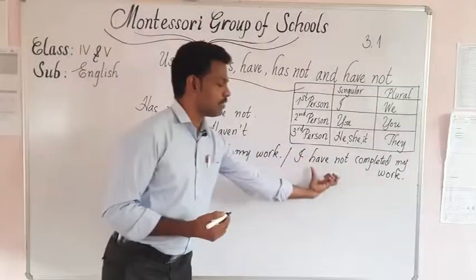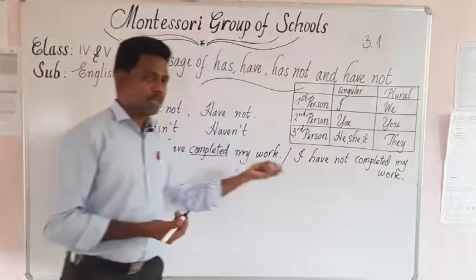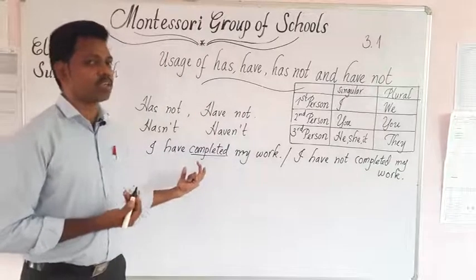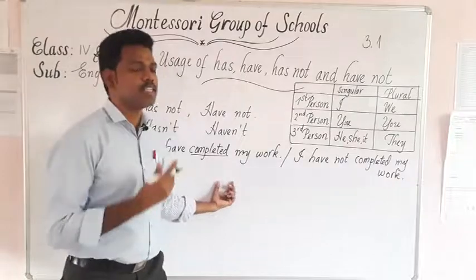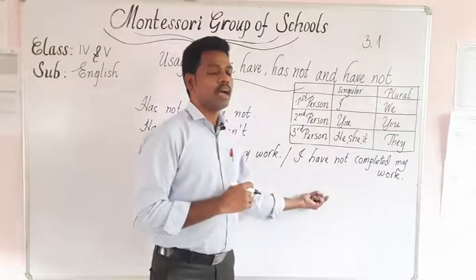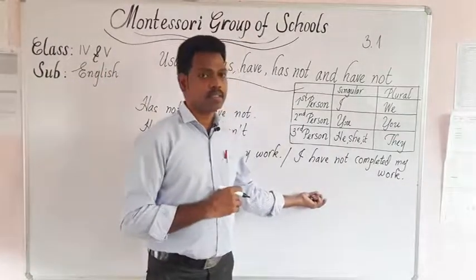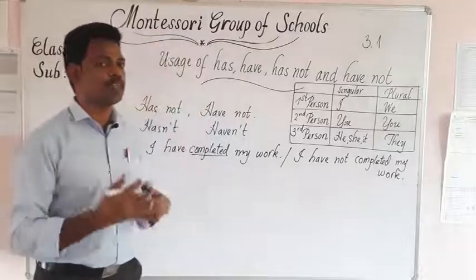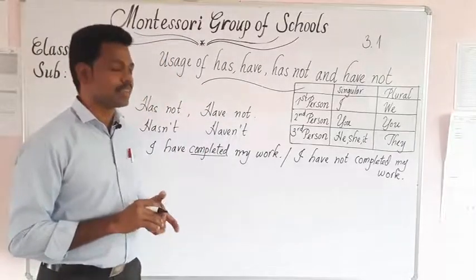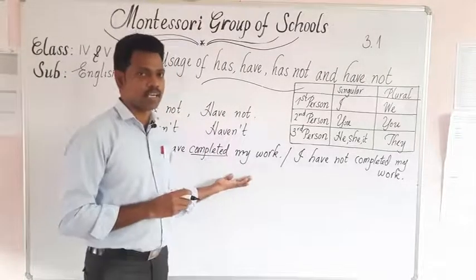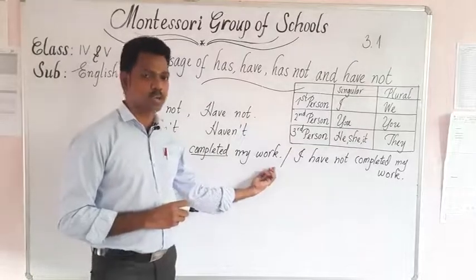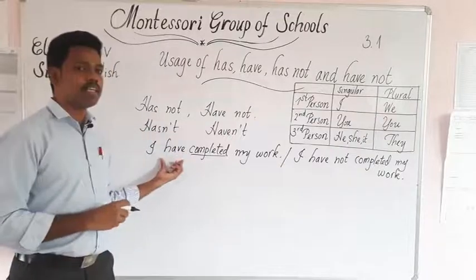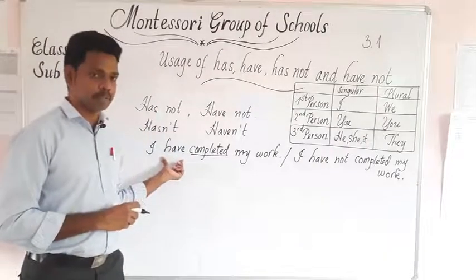Have, negative, have not. Now in the previous exercise we talked about I have a car and the negative one, it is not that I haven't a car, I do not have a car. So what is the difference between these two? It is nothing but again the cases. Here I have completed my work, as I told you. Here the word have is used as a helping verb.